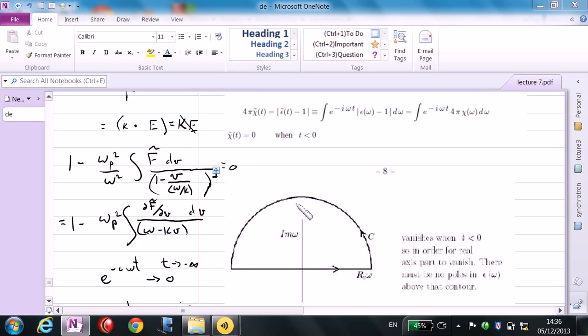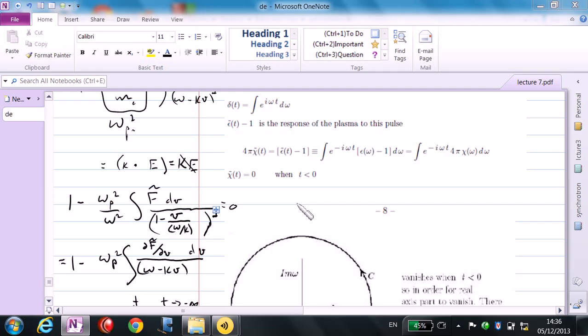Yeah. Okay, so now let's look at this. The 1 is just part of every epsilon of omega, and that's not the part we're interested in.